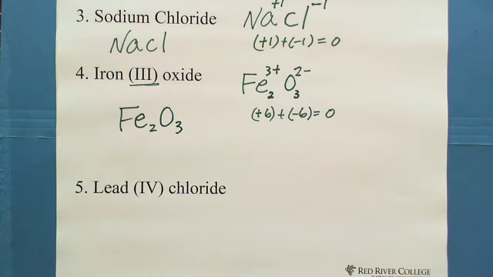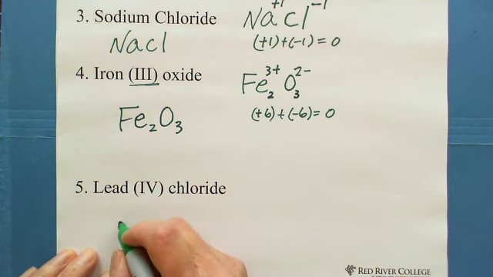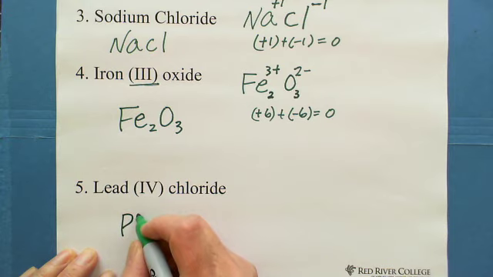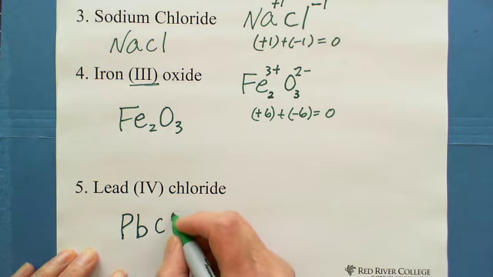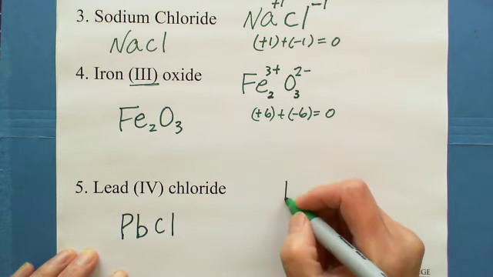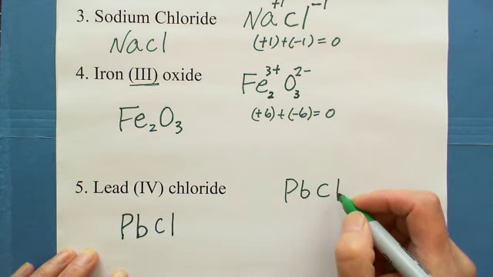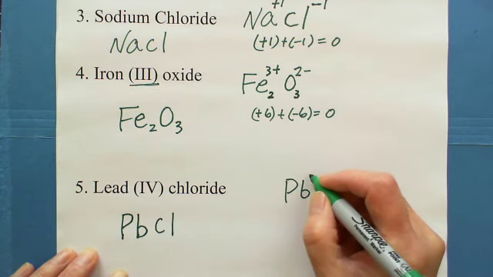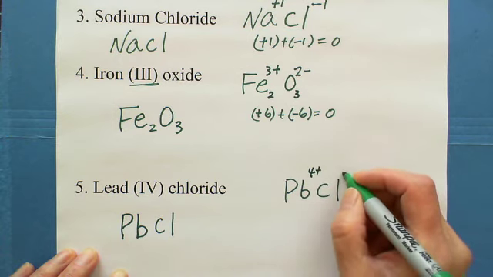Okay, the last question. Lead(IV) chloride. Lead is Pb, the symbol is Pb, and chloride is chlorine, Cl. So we write Pb and Cl with charges: the lead is 4 plus, the chlorine is 1 negative.